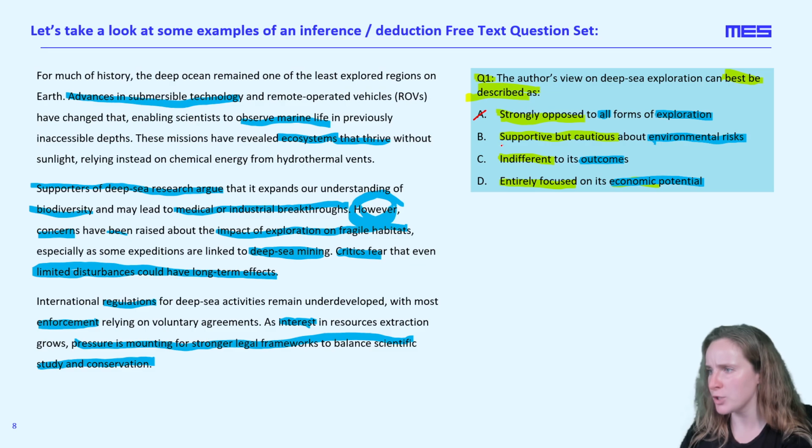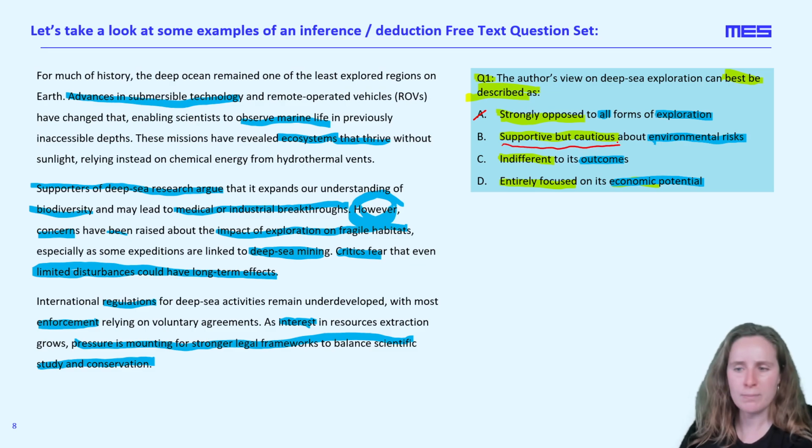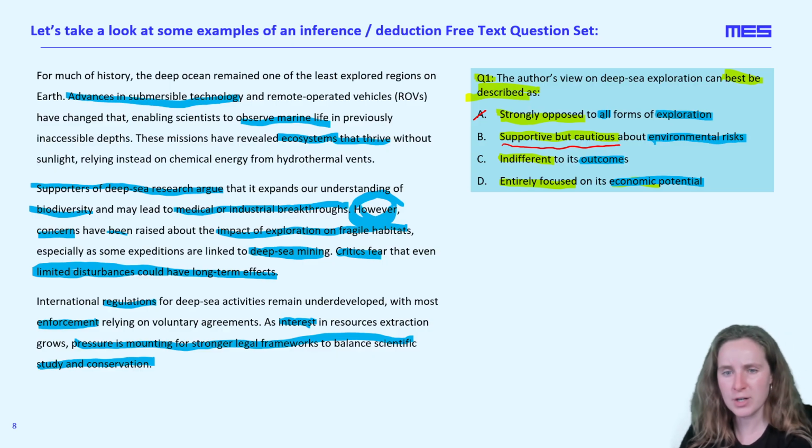Supportive but cautious seems quite balanced. Cautious would make sense with that critic's fear and looking at the pressure mounting to balance scientific study and conservation, and looking at the supporters and the critics both in this second paragraph and what each of them are thinking in terms of this development in technology and exploration.